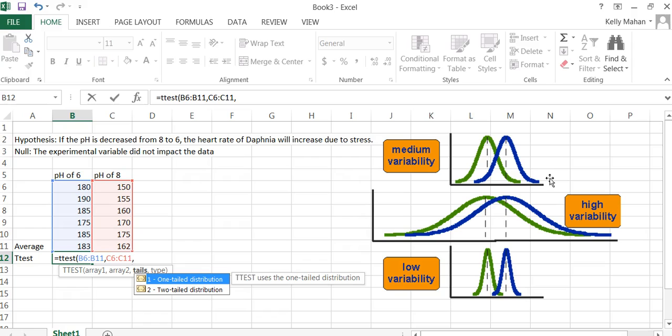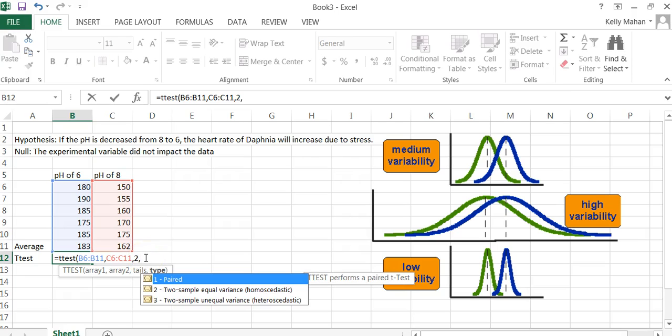You just think that the heart rate of the dyspnea will change. In this case, I'm actually going to change my hypothesis, so we're just going to go ahead and put in 2, and then this is going to be a type 2 t-test.